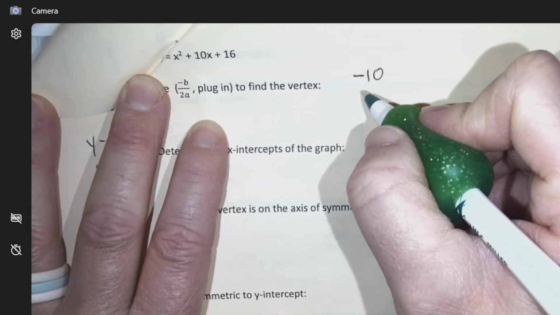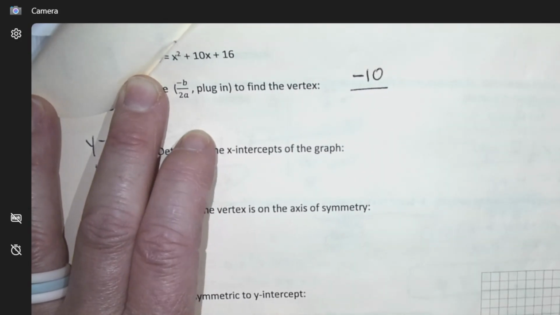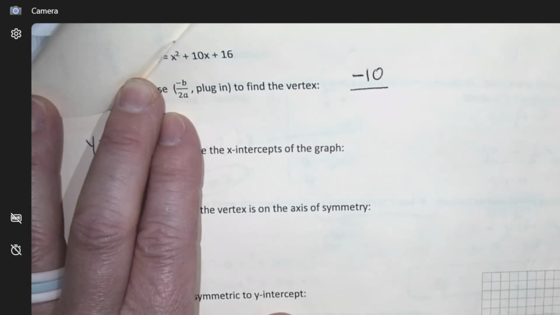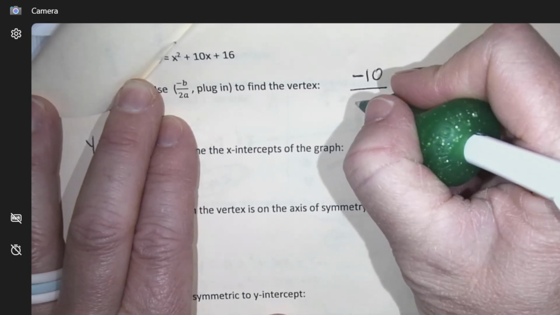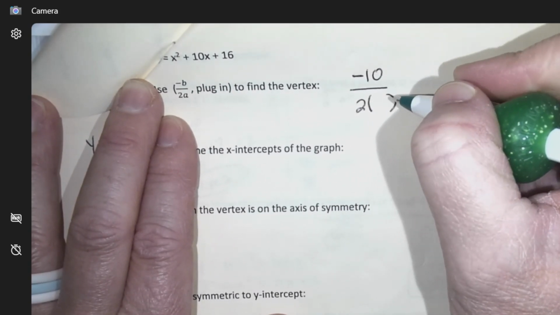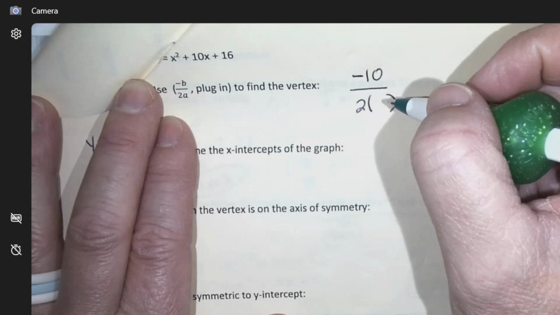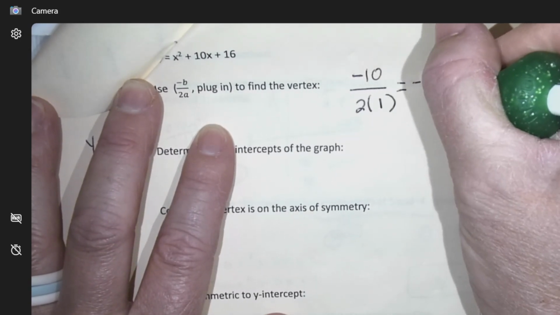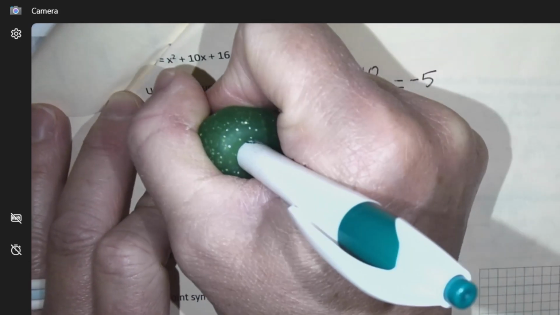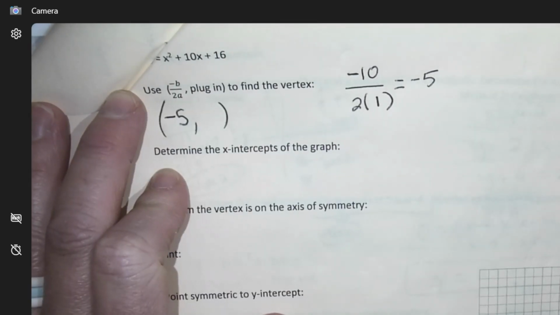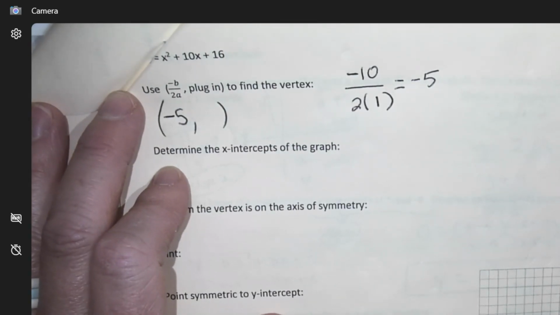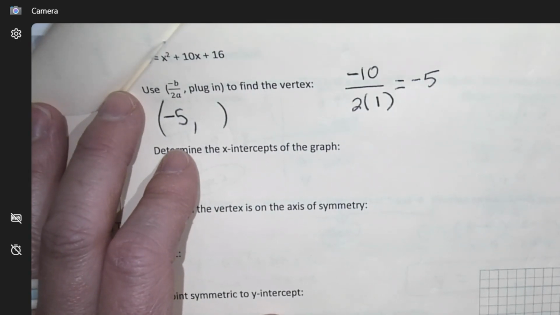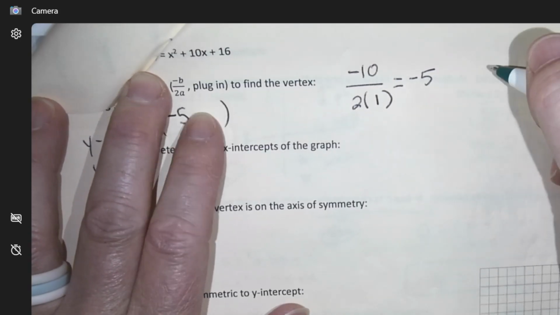Negative 10, so opposite b is negative 10, over 2 times what is the a value here? Just 1, because I have 1 x squared. So that is negative 5. So your vertex is negative 5, comma. So plugging that in.